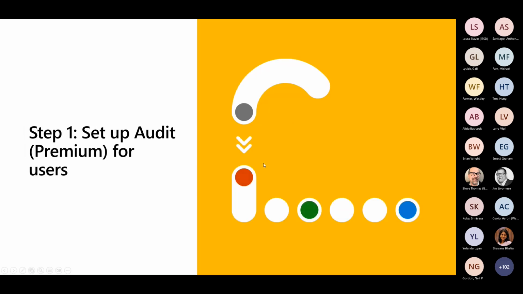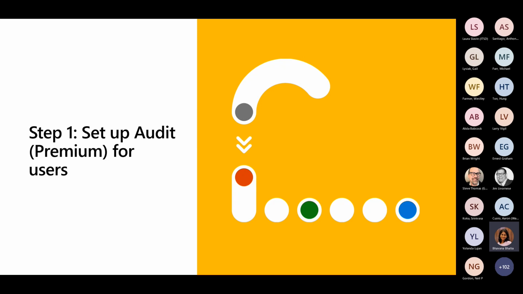Hi, everybody. Today, I will be showing you a demo of how to set up Audit Premium and how you can use Audit Premium to perform forensic investigations following a data breach. Now, Audit Standard is enabled by default for most Microsoft 365 organizations, whereas Audit Premium is not enabled by default.